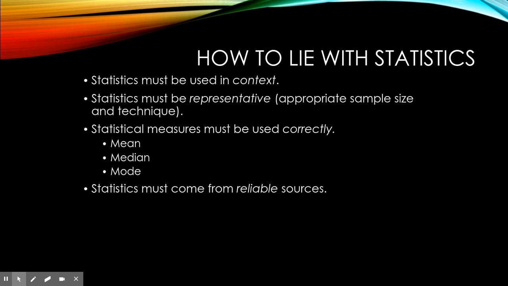There's more happening there. The next thing is they have to be representative. They have to be collected appropriately and have an appropriate sample size. An example of this would be if I were trying to find the opinion of all of the students of BHS on requiring PE as part of the curriculum, and I went and surveyed the freshman girls volleyball team.